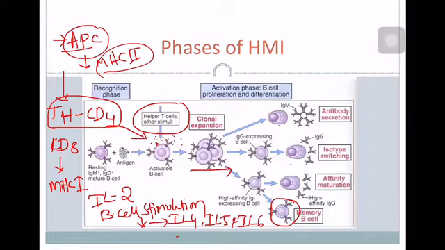These cytokines activate the B cells which have combined with the respective antigens to proliferate, to produce more copies, and to differentiate into antibody secreting plasma cells and long lived memory cells. This is about the production of antibodies in humoral mediated immunity.